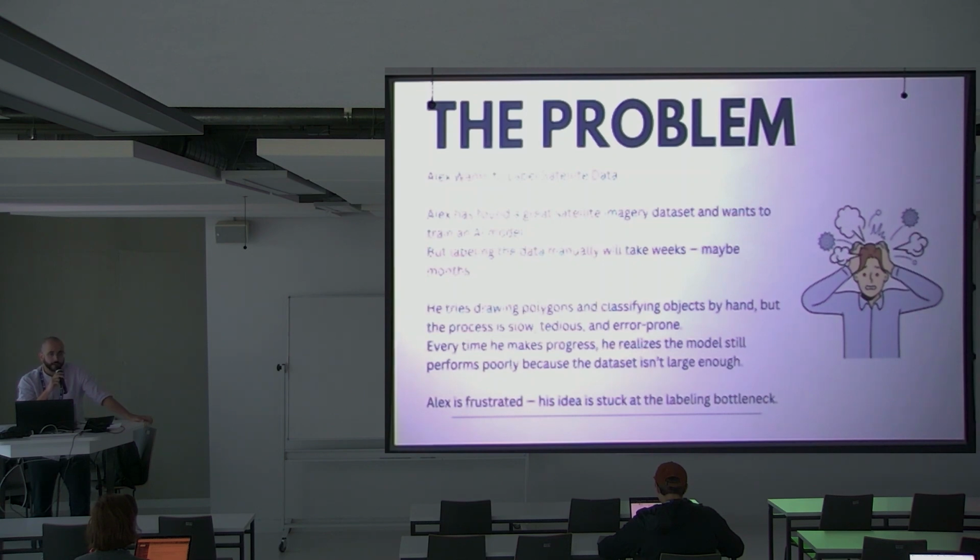There are datasets with 100,000, even a million images, so doing this manually can take a very, very long time. Alex tried drawing polygons and classifying objects by hand, but the process is slow, tedious, and error-prone. He realizes every time that the model still performs poorly. Alex is frustrated with this workflow.